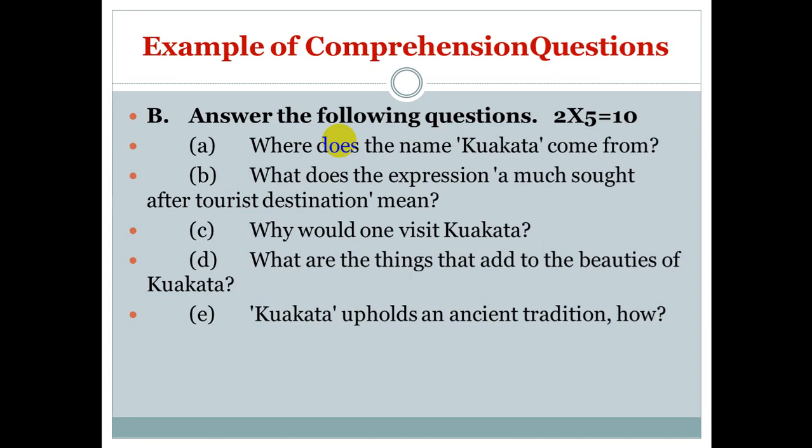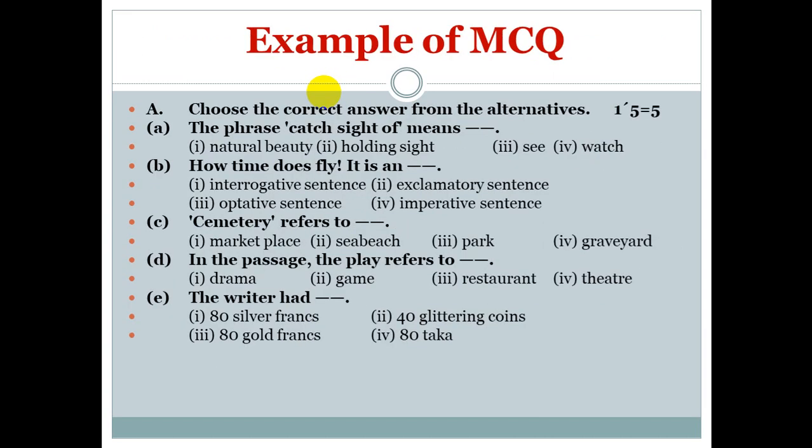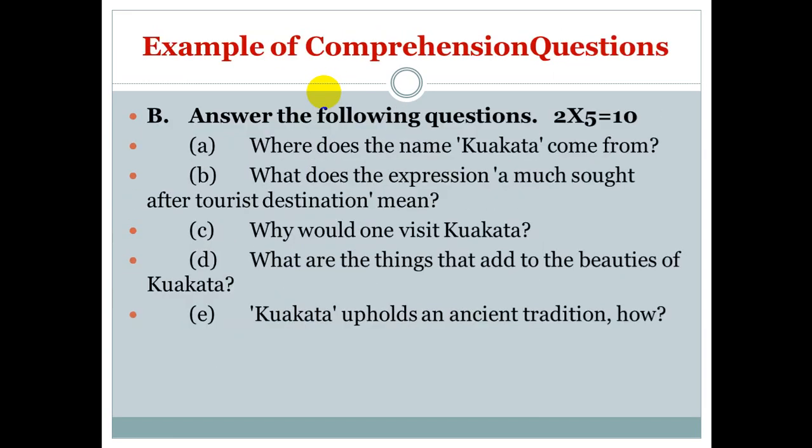Keep it to 2 or 3 sentences, or a maximum of 4 sentences for each question, not more than that. Okay, so that will be the example of comprehension questions, and these questions, that is MCQ and comprehension questions, will be taken from passage 1.